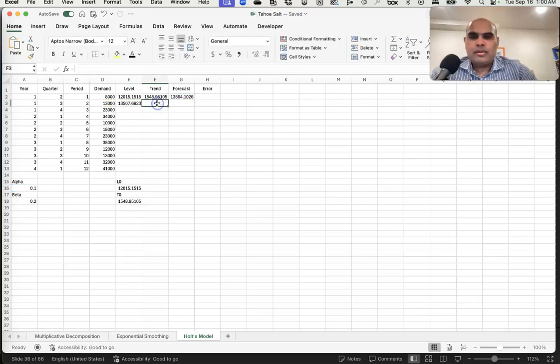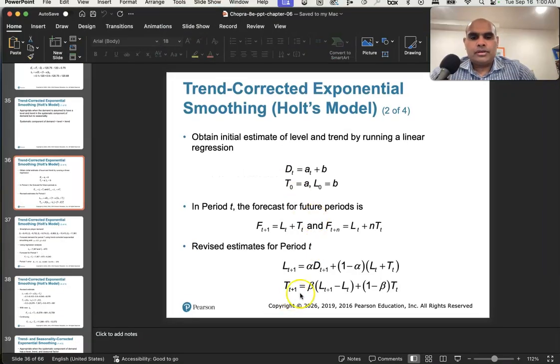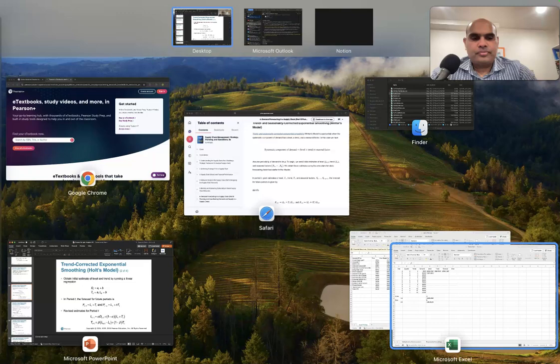That's my level. Now as far as trend is concerned, the formula is beta times the difference in levels plus 1 minus beta times the previous trend, right?